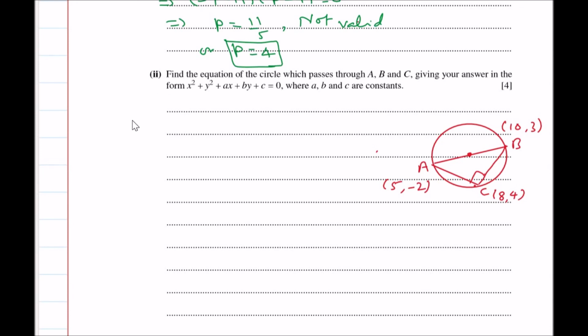It is given by 5 plus 10 divided by 2, and minus 2 plus 3 divided by 2, that is 15 by 2 and 1 by 2.